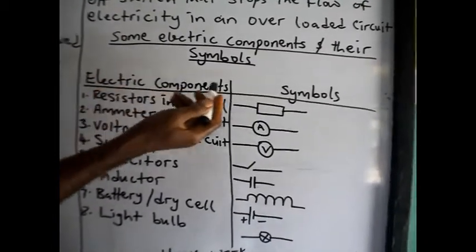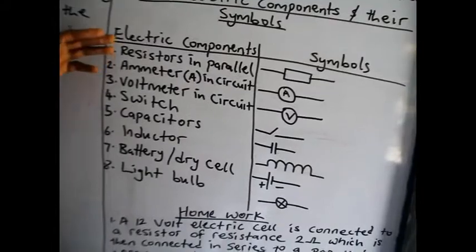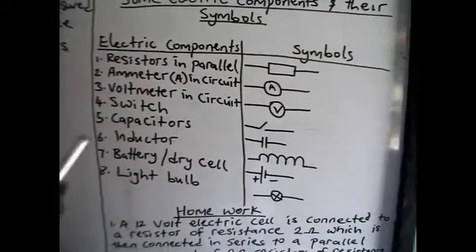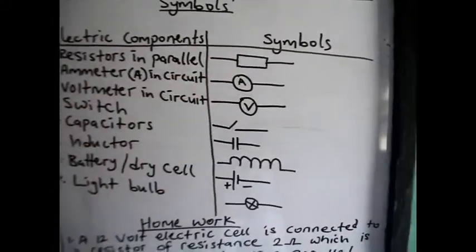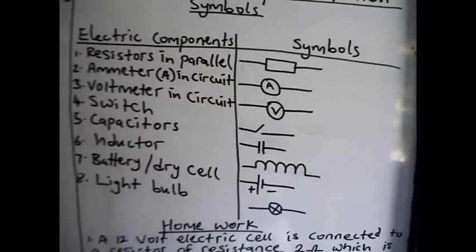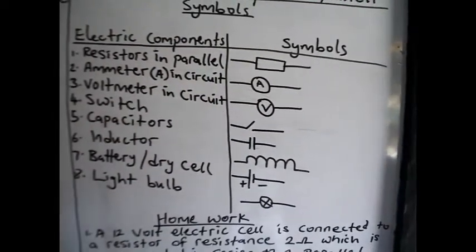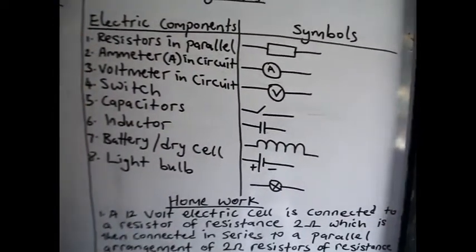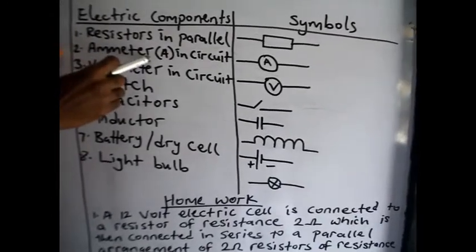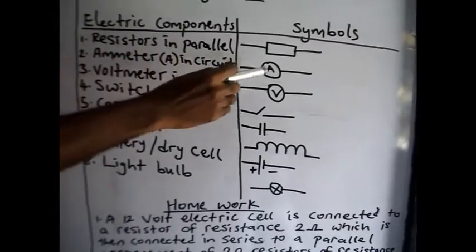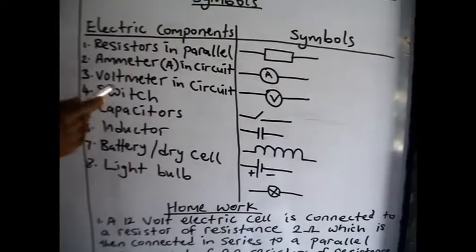Now these are the symbols. We have electric components and symbols. Resistors are represented by this symbol. We have our ammeter in a circuit, represented as this.